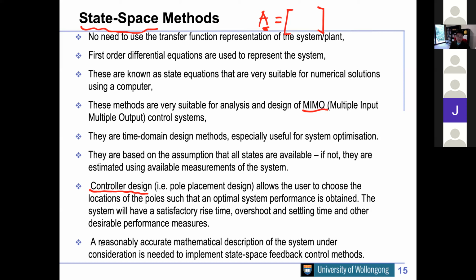So one thing you have to remember, even if you don't know how state space works, is that it requires an accurate mathematical model. Okay, if we go back to classical control theory, particularly PID control, one of the main reasons that PID control is so popular is because it does not require a model of your system.